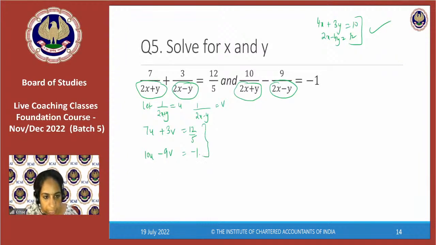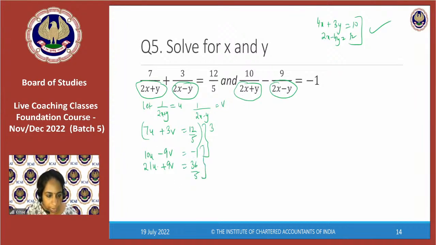Now use any of the methods that you like, cross multiplication, elimination, substitution. I would be doing elimination here by multiplying this equation by 3. So now I get 21u plus 9v equals 36 by 5.